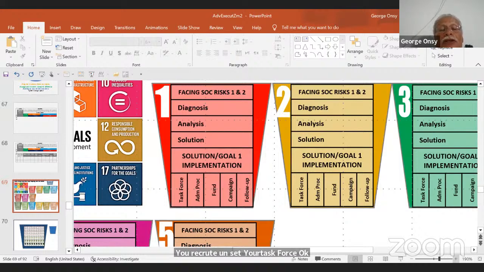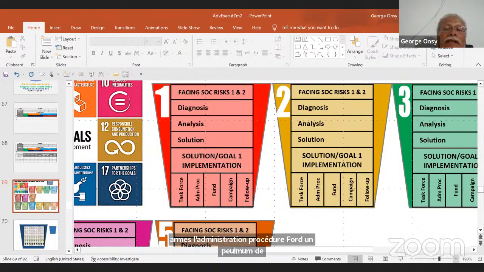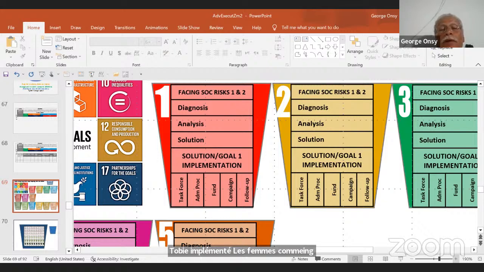Then the administration procedures that you have to go through so that these goals can be implemented smoothly. Then to get funding. Then a backing campaign, meaning an awareness and communication campaign, to make all parties, community and national levels, all levels, aware of the need for achieving these goals.